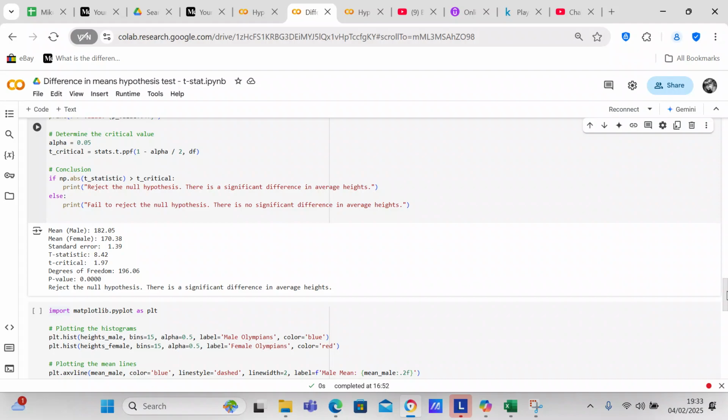And that really, to be perfectly honest, is a no-brainer, because you know if the male mean is 183 centimeters and the female mean is 170 centimeters, then the two means are not going to be equal to each other. But we had to go ahead and do this exercise so you can see how it works.